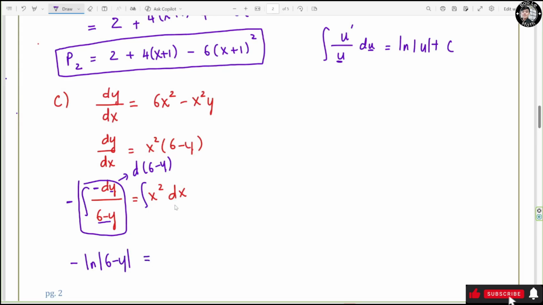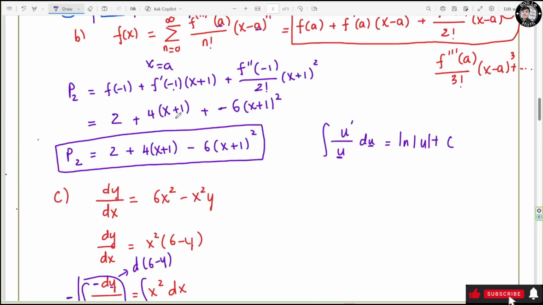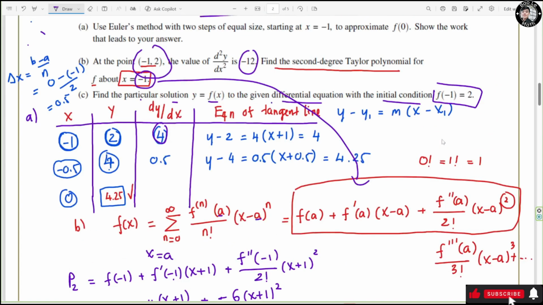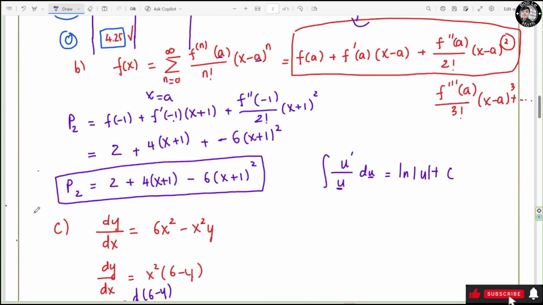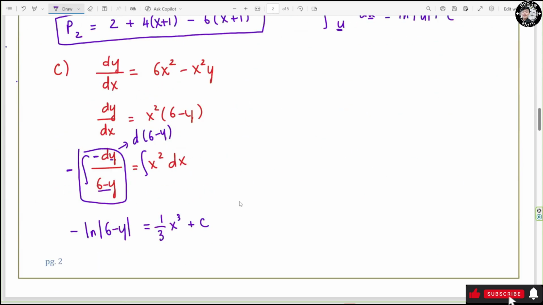The right hand side, I just use the power rule, right? So it becomes 1/3 x cubed plus c, right? I'm going to use the initial condition right here to solve for c, right? So I'm going to substitute negative 1 for x and 2 for y, right? So I have negative ln of 4 equals 1/3 of negative 1 cubed plus c, right?